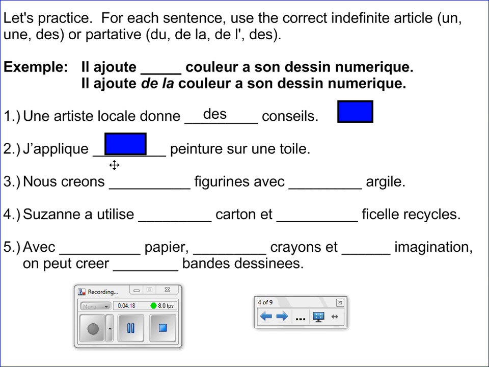I'm applying paint on the canvas. Again, paint is not something which we can really measure. We can't count it 1, 2, or 3, so we're going to use le partitif. Peinture is feminine, so we would use de la. So our whole sentence is: J'applique de la peinture sur une toile.